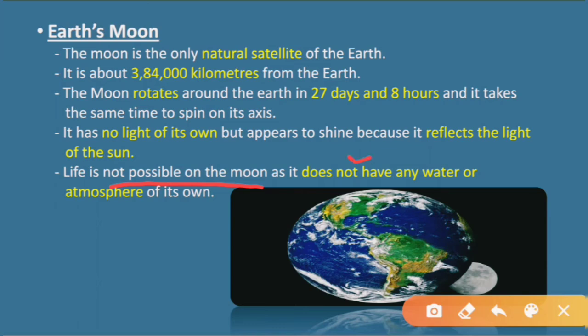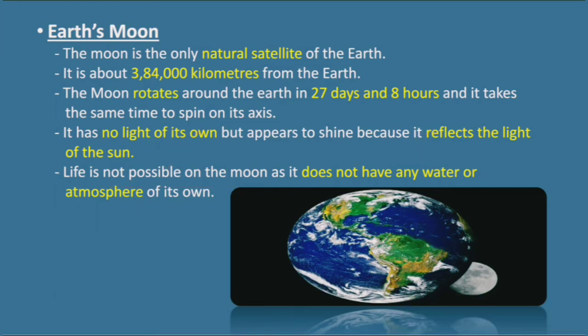Because it does not have any water or atmosphere of its own. The moon does not have any water or atmosphere, no rain, no cloud, no wind, nothing happens there. So that is why the living beings cannot survive. That is why it is said that life is not possible on the moon. Understood, students?